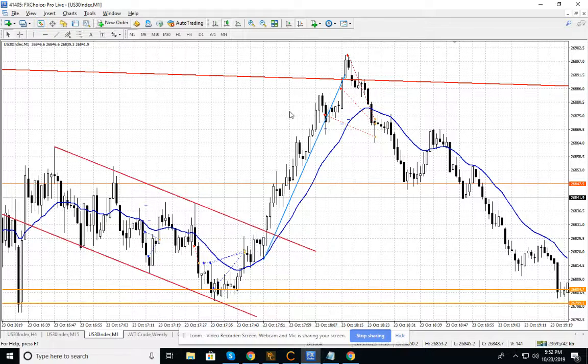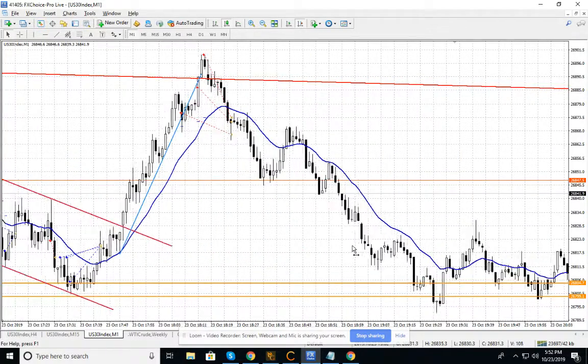Your risk management means everything with an approach like this. And you have to be ready to take profits and not insist on much larger profits. That's being greedy.